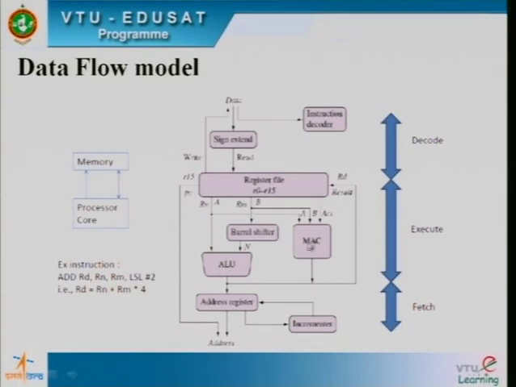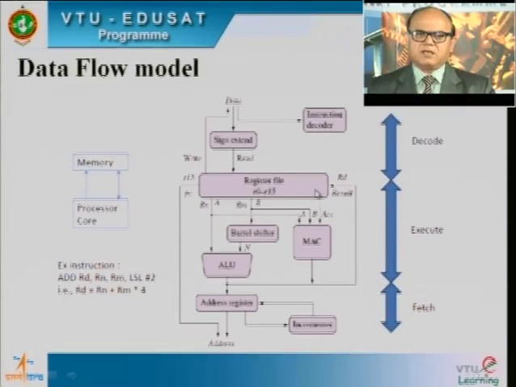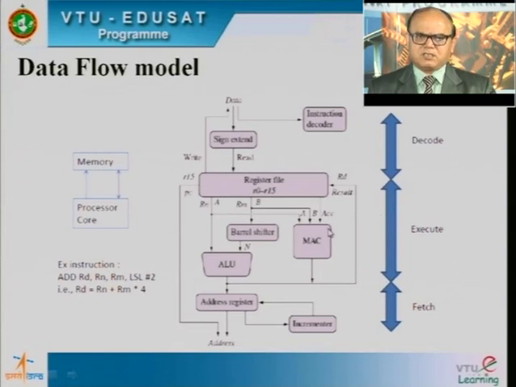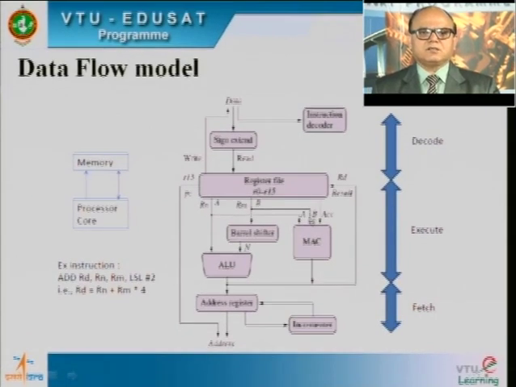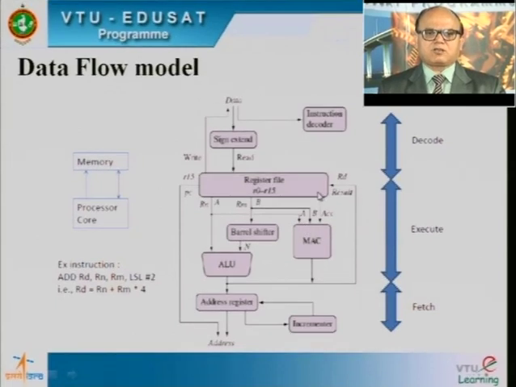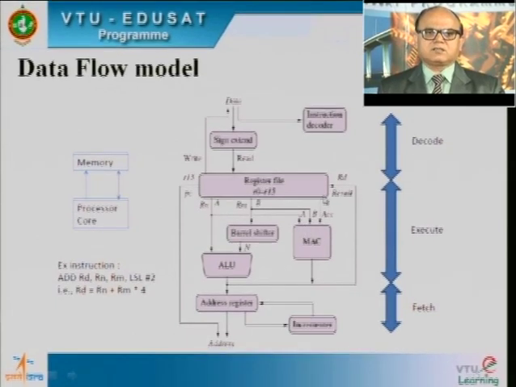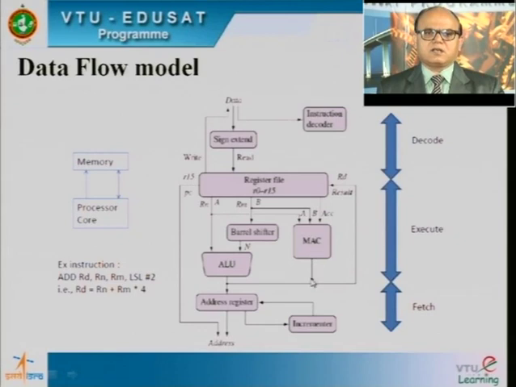And the result obtained here is stored back, and the accumulated value is received here. The two input operands and the previously accumulated data are received, the two are multiplied and added with the previously accumulated value, and the result goes back into the same register. So this is the exact data path for this unit, right?